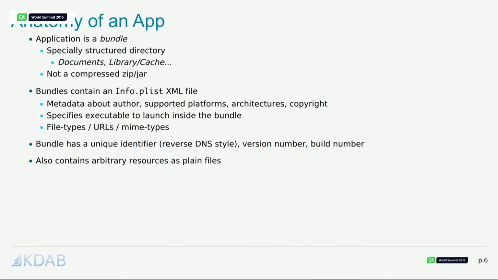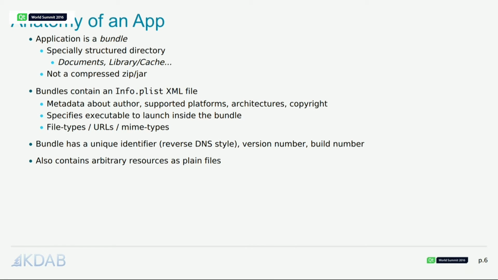Okay, so once you build an application on iOS, it is actually what's called a bundle. So it's actually a folder with your executable in it, that plist file, and it has a special subdirectory structure in which you can bundle your own resources. If you don't want to put it as Qt resources, which will be statically linked in your application, you can put any old files in it.